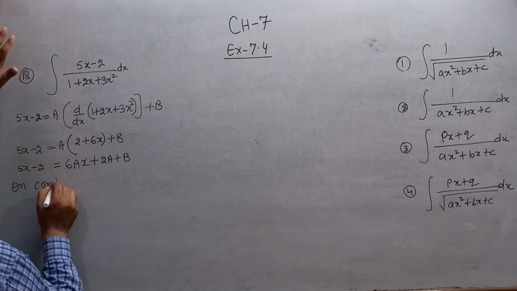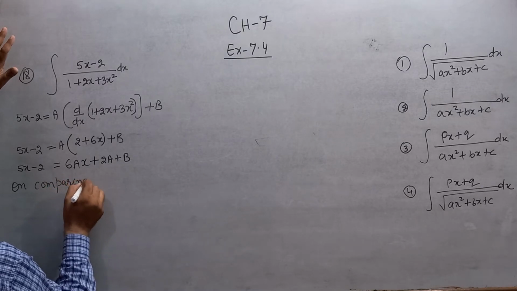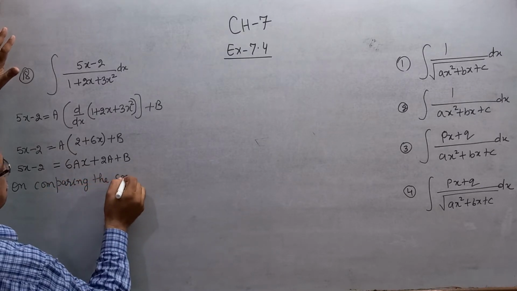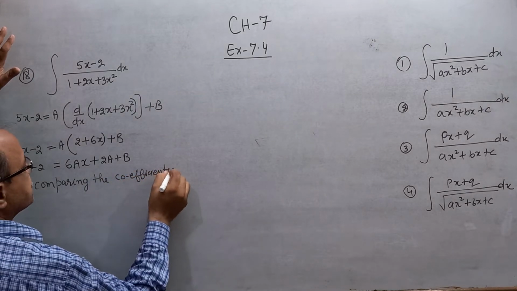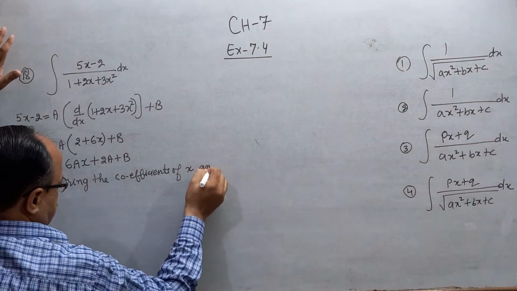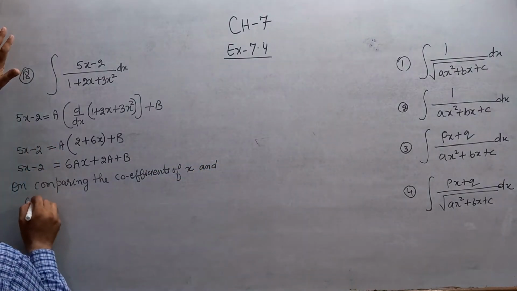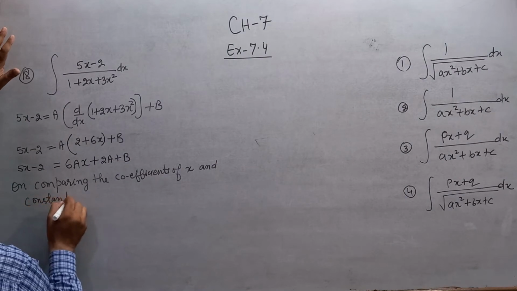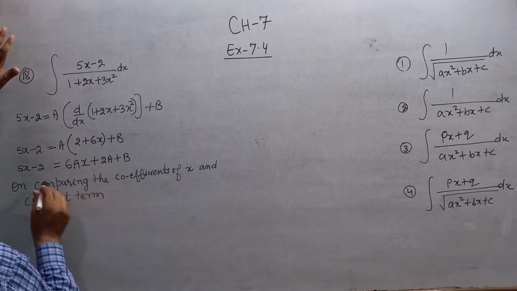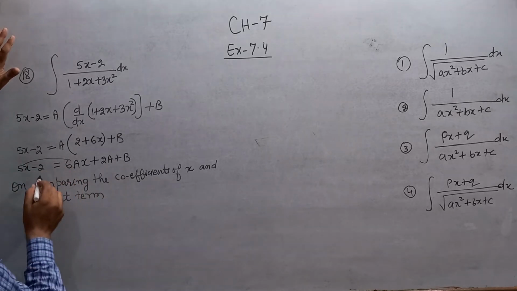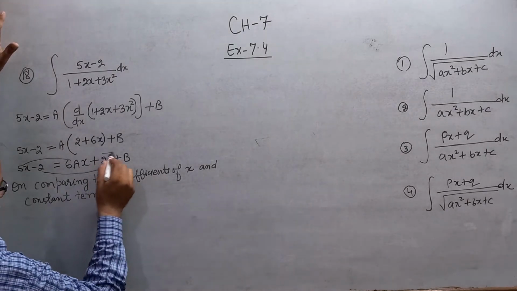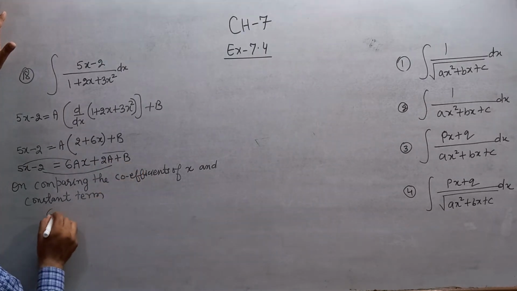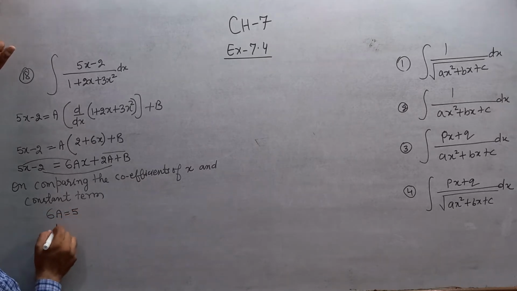On comparing the coefficient of x and the constant term. Now compare x with x and constant term with constant term. Now you know that 6a is equal to 5, and a is equal to 5 by 6.